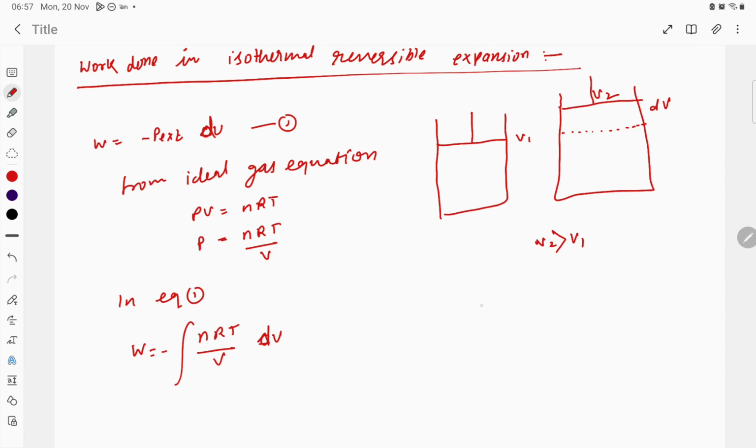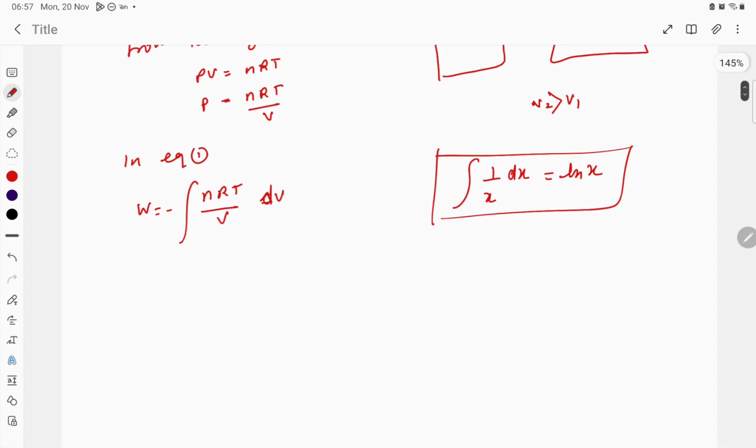Now student, integration of 1 upon x dx is equal to ln x. This you should know. Many things in this are common: the number of moles is common, R is common, isothermal is there, so T is also common. So what is left to integrate is 1 upon V dV.